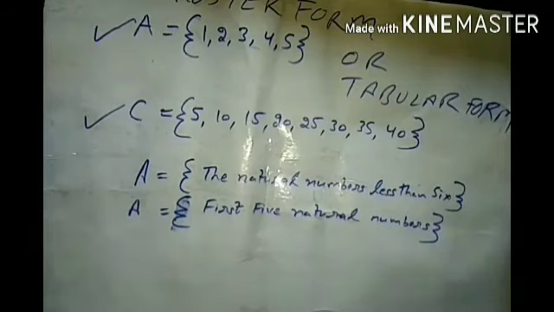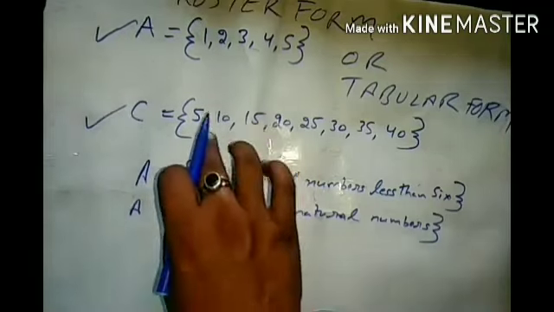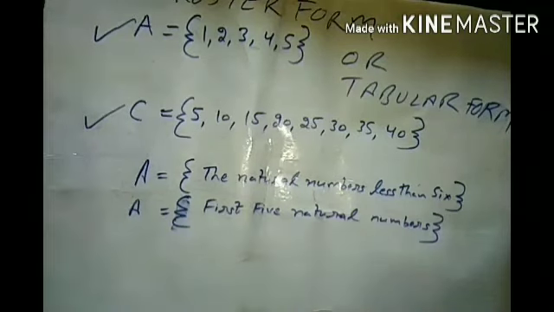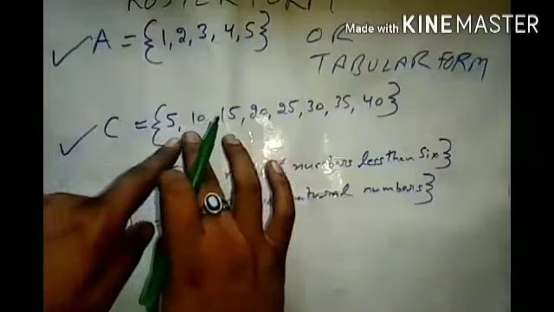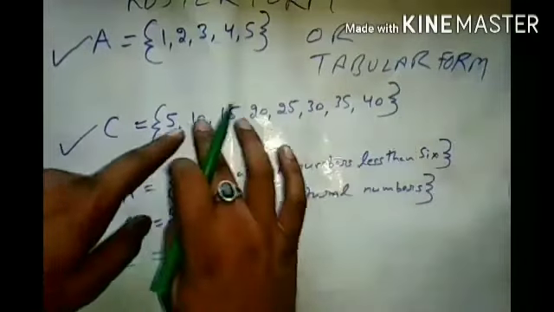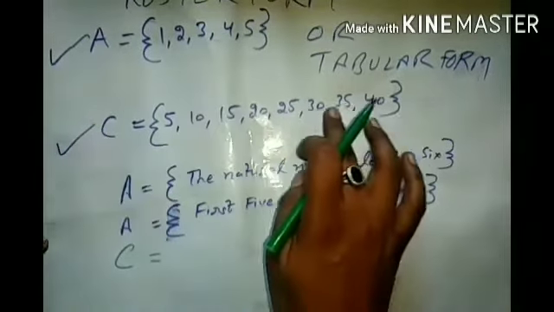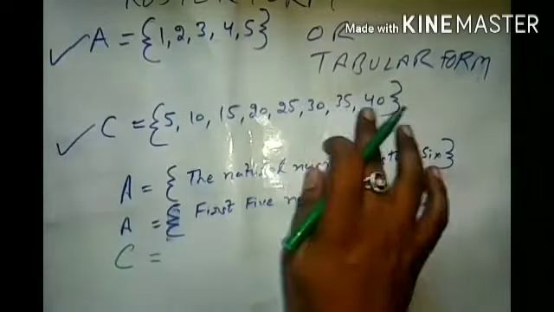Now we have this example also, 5, 10, 15 and up to 40. How will we write this set C in the description form? I will observe all the members of this set, 5, 10, 15, 20, 25, 30, 35 and 40.